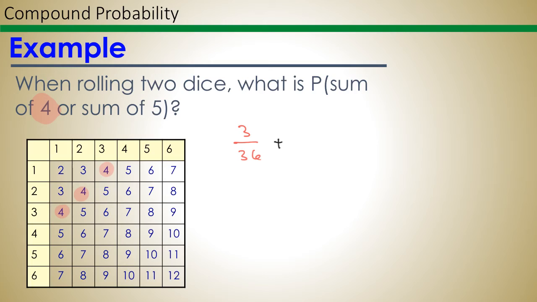Plus, for a sum of 5, there are 4 different ways I could roll a 5, so 4 over 36. If I add those together, we've got 7 over 36. That is fully simplified, and we're done there.